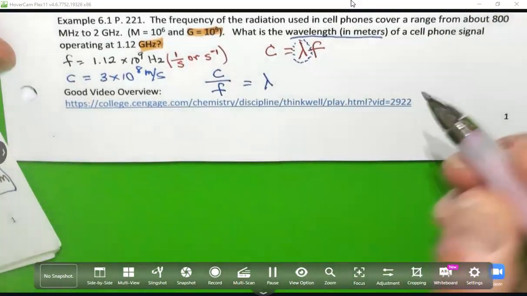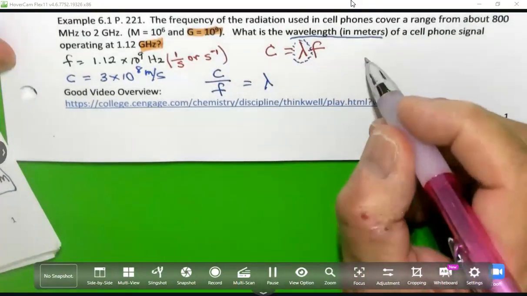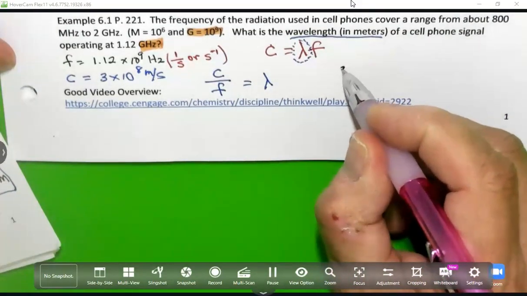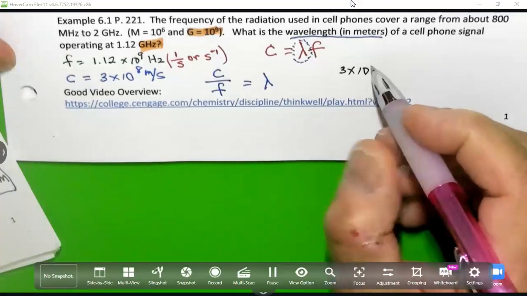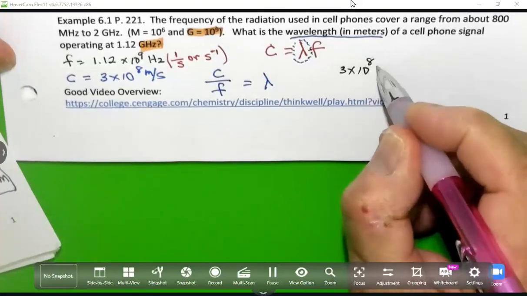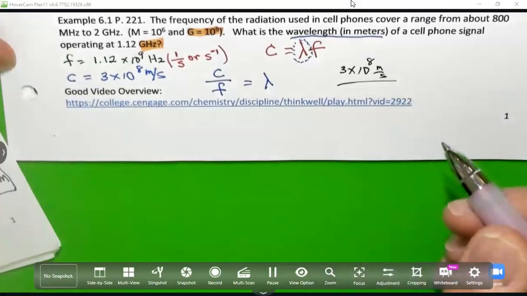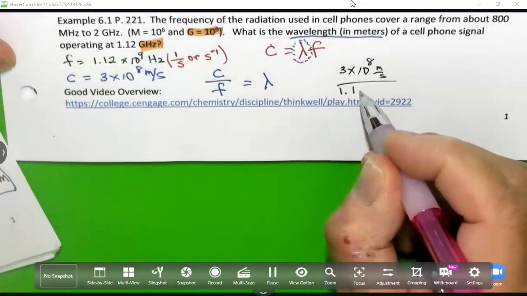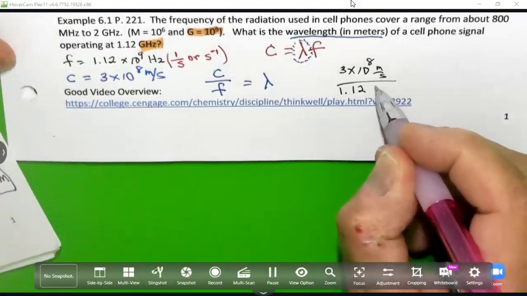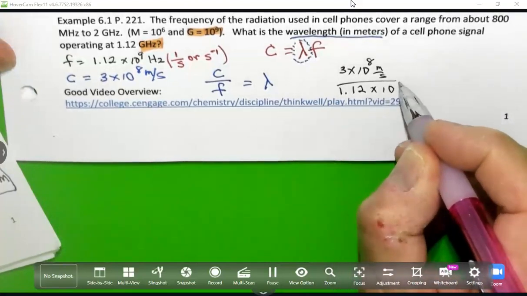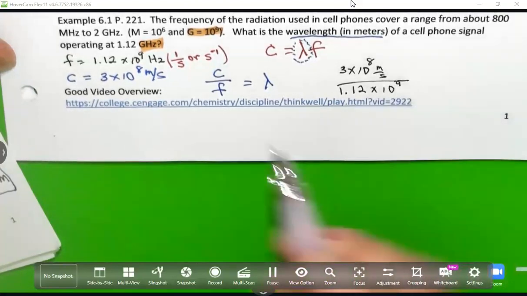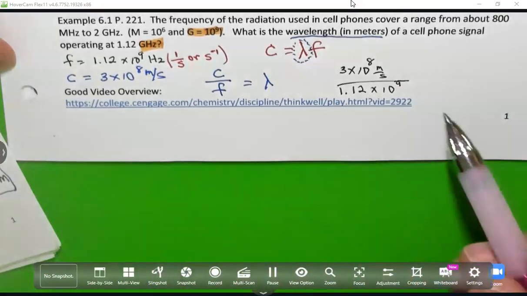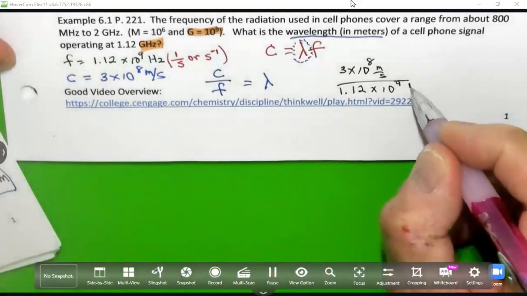If we plug this in, we have 3 times 10 to the 8th meters per second divided by 1.12 times 10 to the 9th, and I'm going to put this as 1/seconds for the unit of hertz.